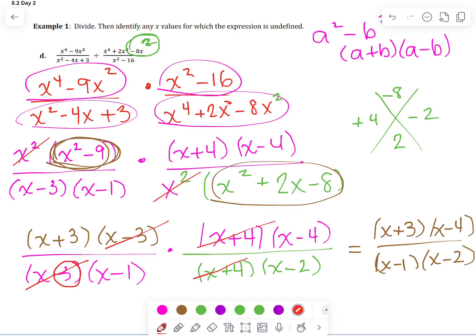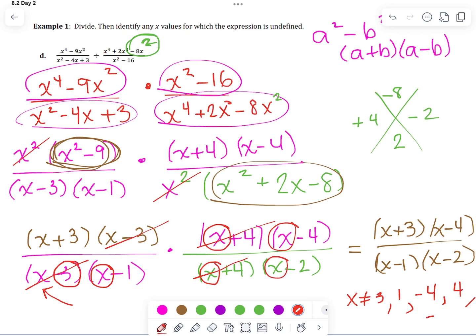Right here, we don't want this x to be a 3, so x cannot be a 3. We don't want that x to be a 1. We don't want that x to be a -4. We don't want that x to be a +4. We don't want that to be a -4, a +2. And then up here, we don't want it to be a 0.